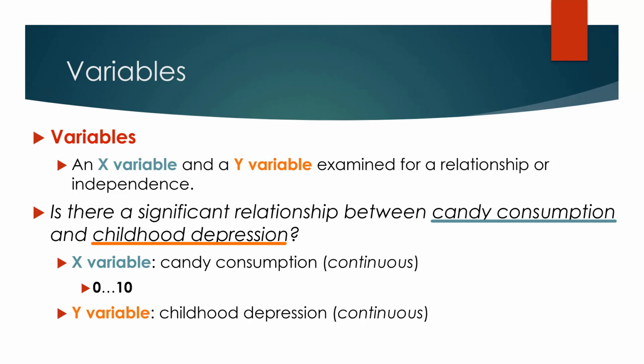It's a continuous variable, and let's say that it's measured on a scale of 0 to 150. You give them a questionnaire that measures depressive symptoms, and 150 would be the highest, and it ranges in between. So we want to know, is the variability for candy consumption related to the variability of depressive symptoms they're experiencing? There we got our variables.